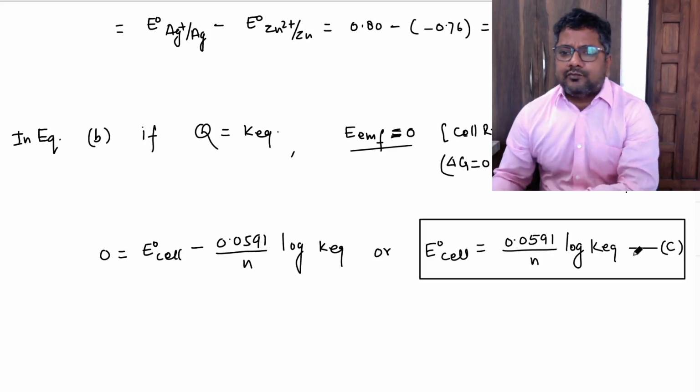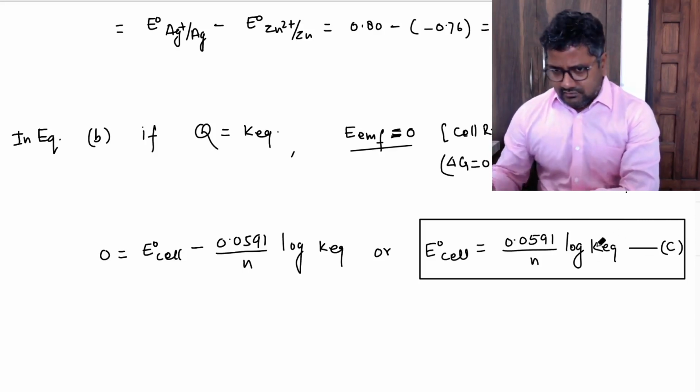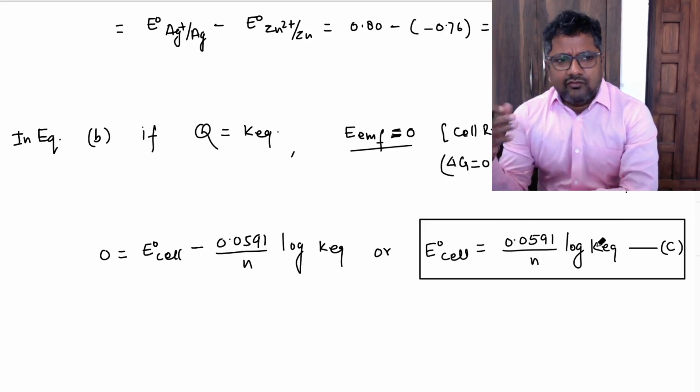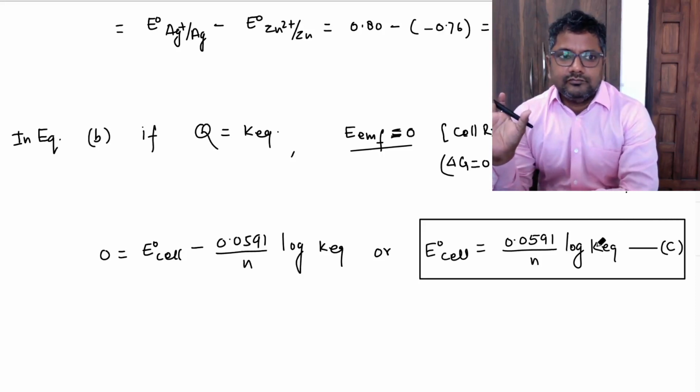At this point you can put Ksp, Ka, Kb, whatsoever is given, and this equation is applicable for half cell as well as complete cell. Right?